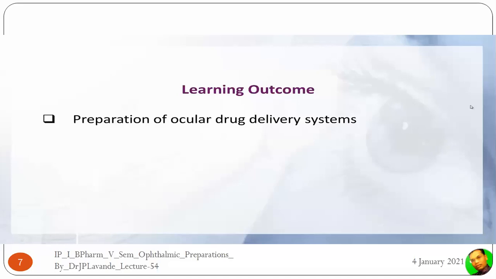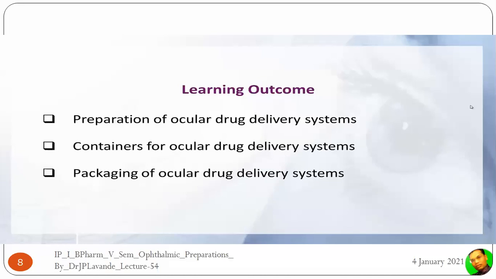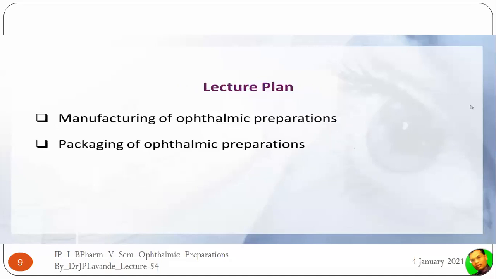Then we will see some of the containers that are used for the ocular drug delivery system. And last but not least, the packaging of ocular drug delivery system. So these are the points that we have to try to cover in our today's talk.